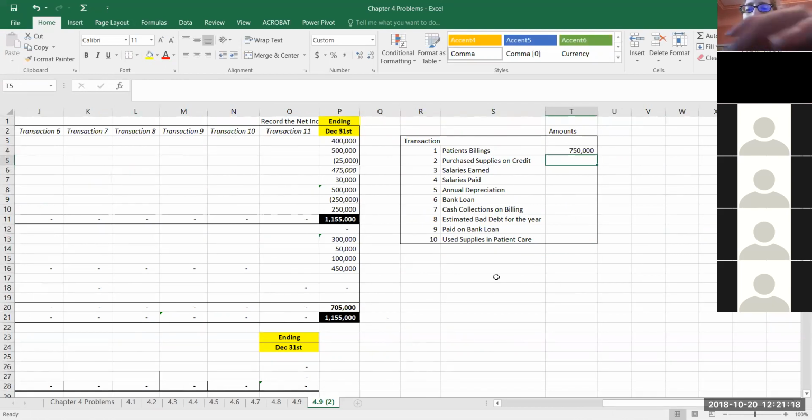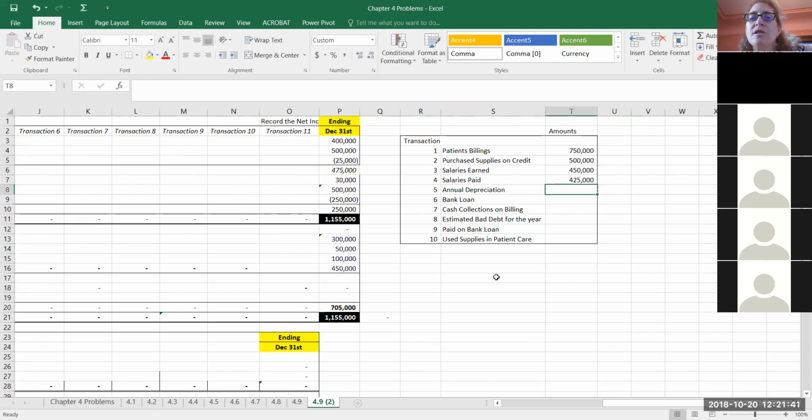Let's say 500,000. How much salaries do our employees earn? Let's say 450,000, but when the payday comes, we're only paying out 425, okay? So there's a small amount that we don't pay out yet.